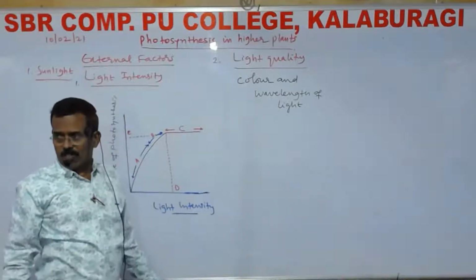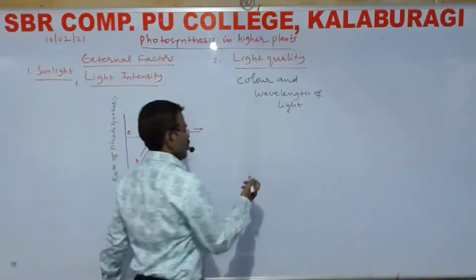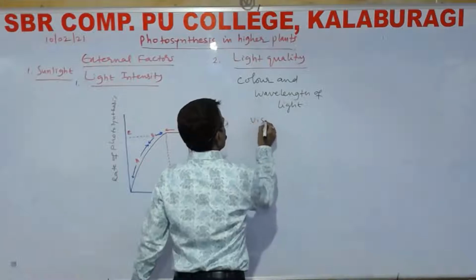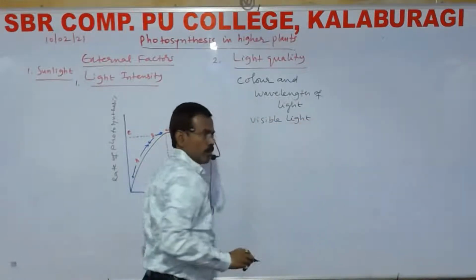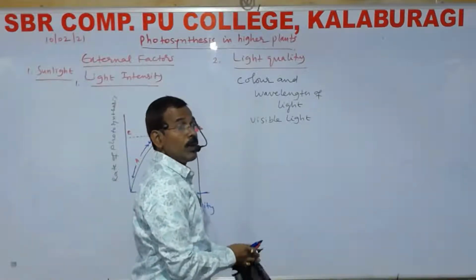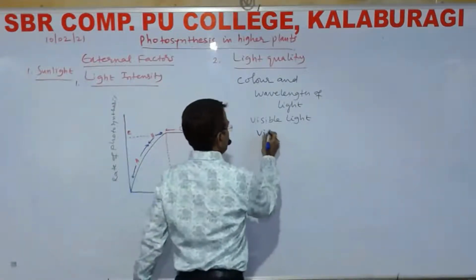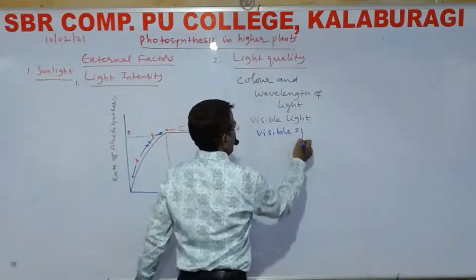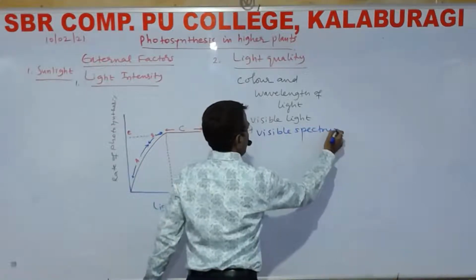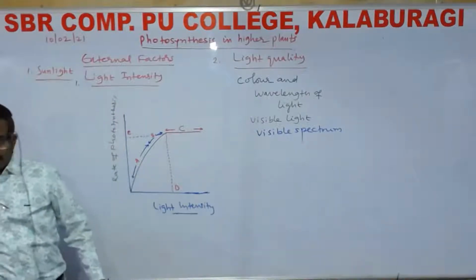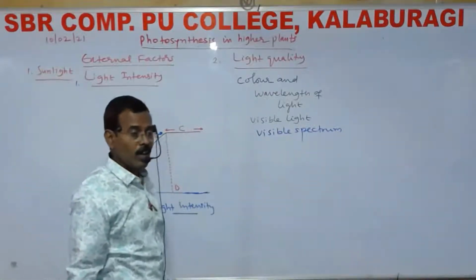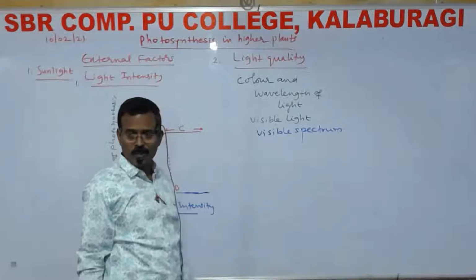The light which is used for photosynthesis is mainly visible light, what we say the visible spectrum of solar electromagnetic radiation emitted from the sun.